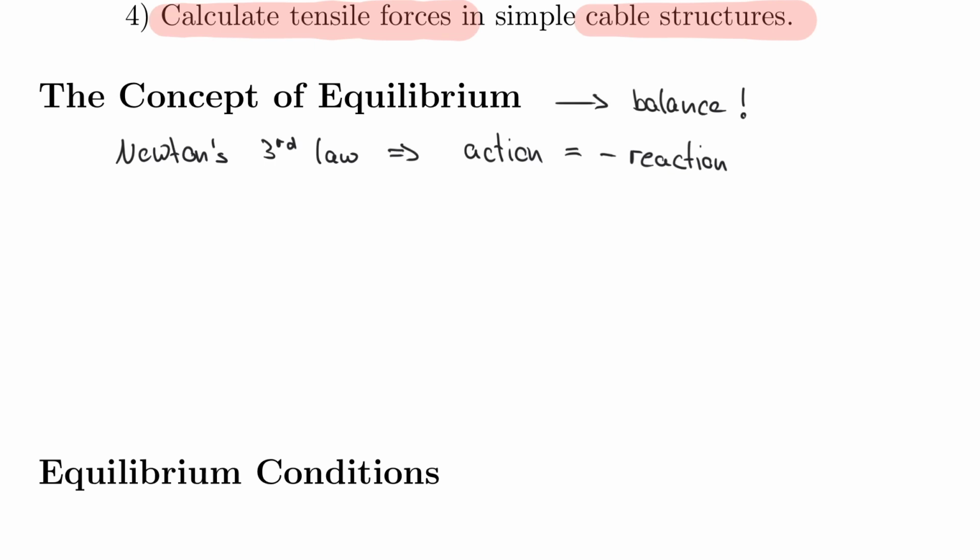But of course, here in engineering mechanics, we deal with static systems, so things that are not moving. And let's just have one more example of action minus reaction. So let's say you have a house that sits on a foundation or on the ground. So let's say here I have a ground. And then let me complete my house here.